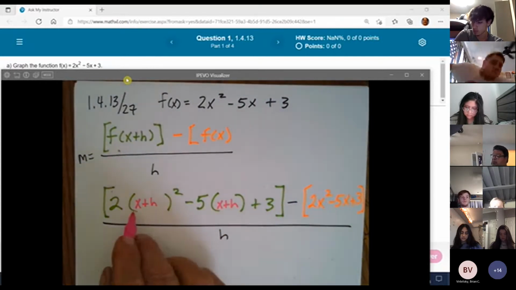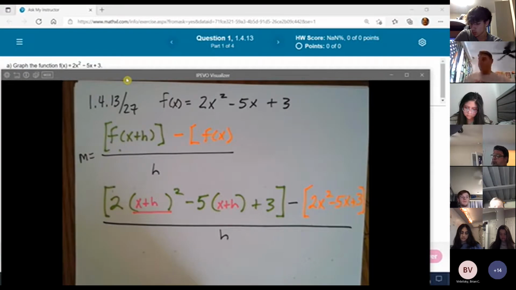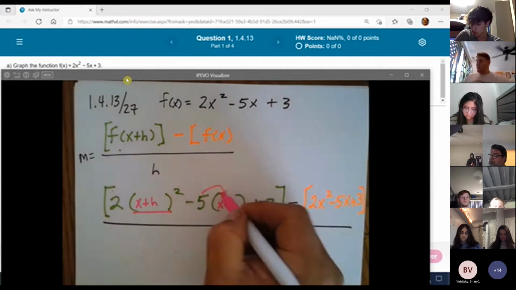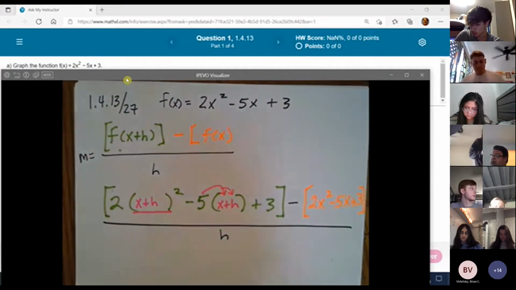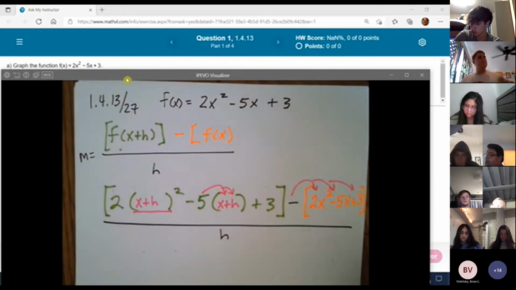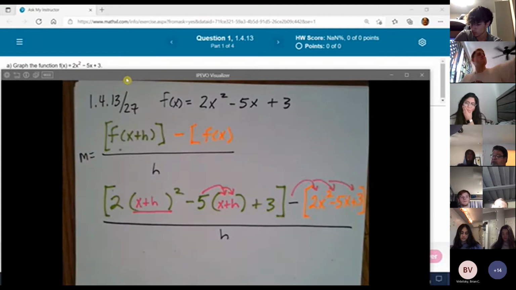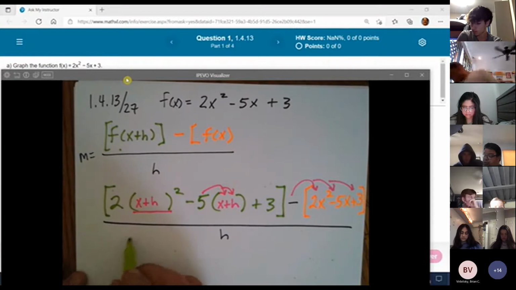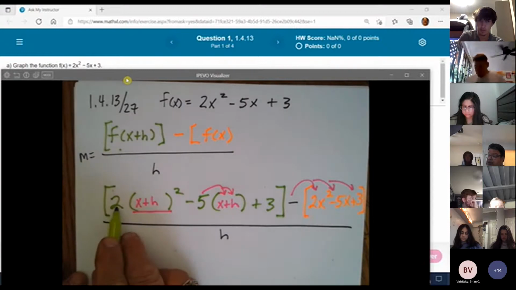And that's shortcut number 1. Going to distribute this and distribute this, and then start consolidating. I'm going to skip a step and multiply that 2.